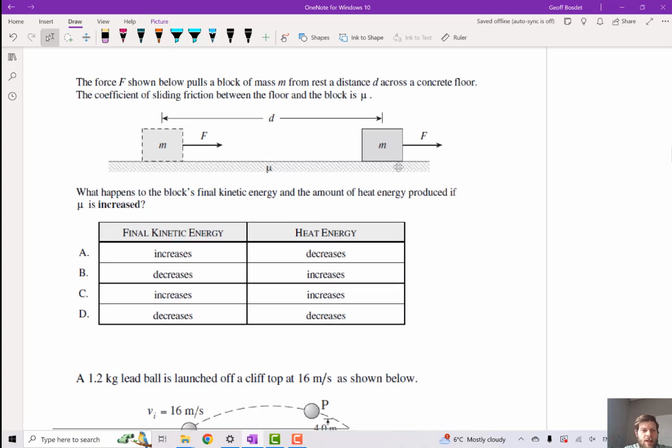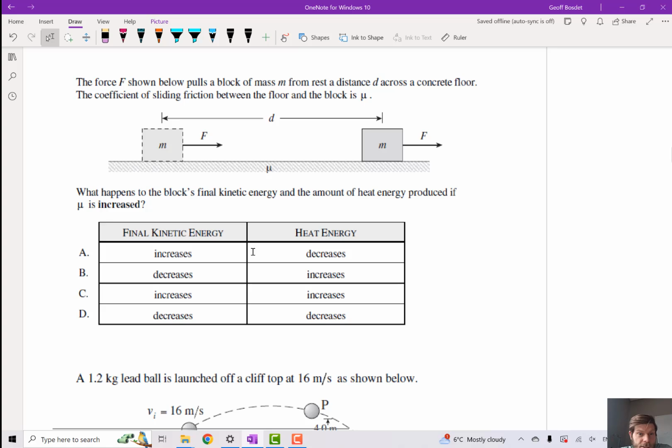This next guy here, if you think about it for a minute, isn't too hard. We're pulling this block of mass m, distance d across the concrete floor. What happens if we make the surfaces rougher? What if we got more friction going on? If we got more friction going on, it's going to be slower, because more of that energy is going to be dissipated as heat.